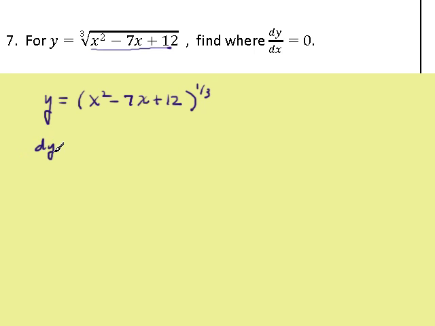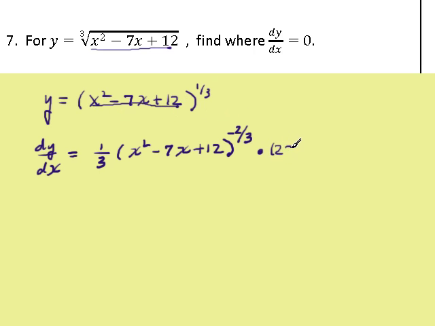Okay, dy dx. Derivative of the outer, bring down the 1/3. And here we do 1/3 minus 3/3, so that's minus 2/3 when we subtract 1 from the exponent. So that's the derivative of the outer times derivative of the inner, derivative of this. That would be 2x minus 7.